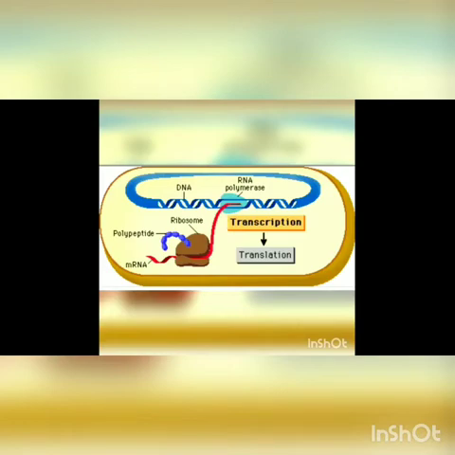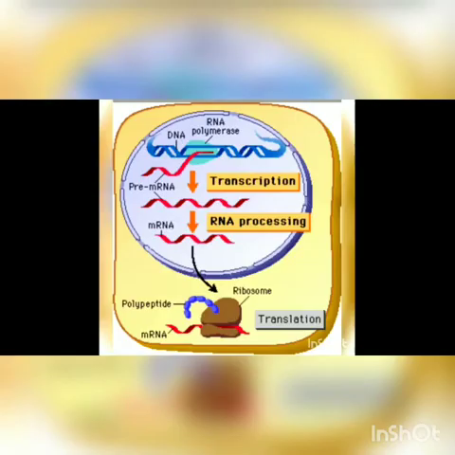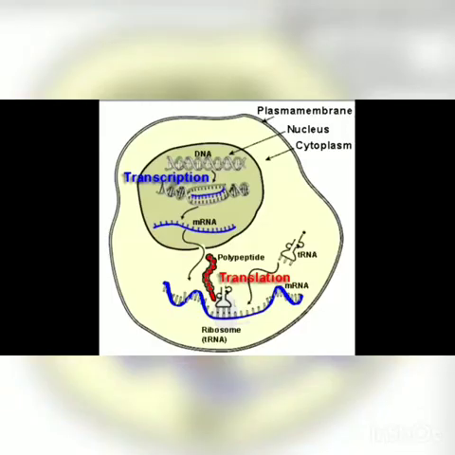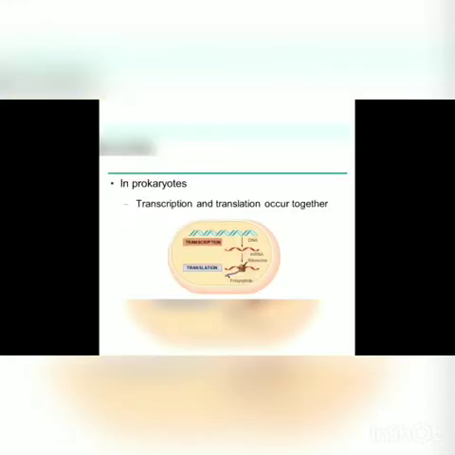Many times the translation can begin much before the mRNA is fully transcribed. This is because the genetic material is not separated from other cell organelles by a nuclear membrane.